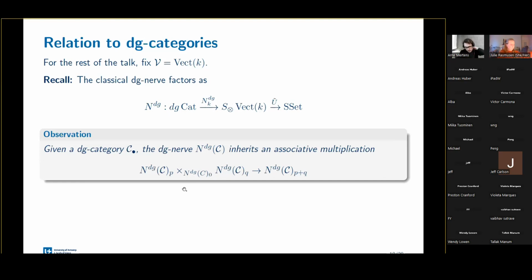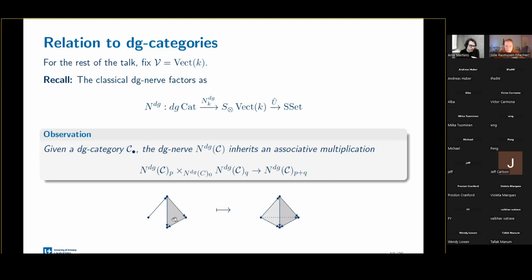So to explain this, let me start with a simple observation. That is that if you have a DG category and you apply the DG nerve, which is a simplicial set, so just the classical situation, then this will always inherit an associative multiplication, which looks like this. So a P simplex and a Q simplex joined at their first and last vertices, to a P plus Q simplex. So in other words, it's a map which takes two simplices joined at a point and fills it up to an entire simplex.